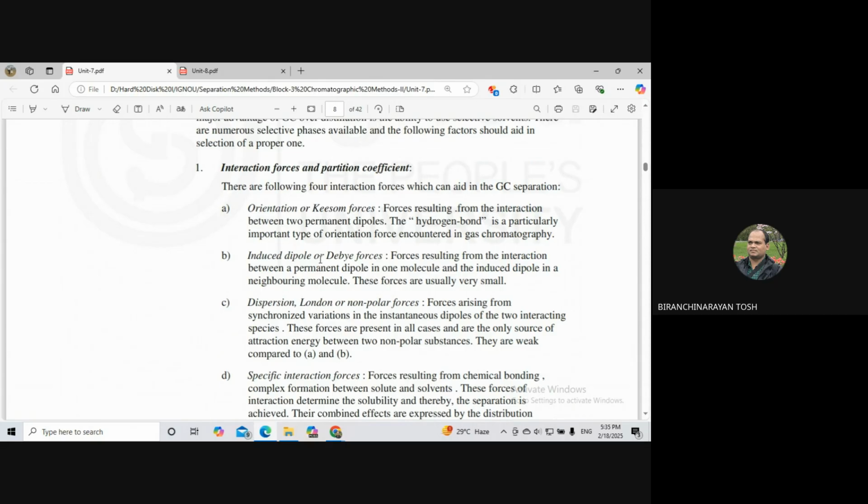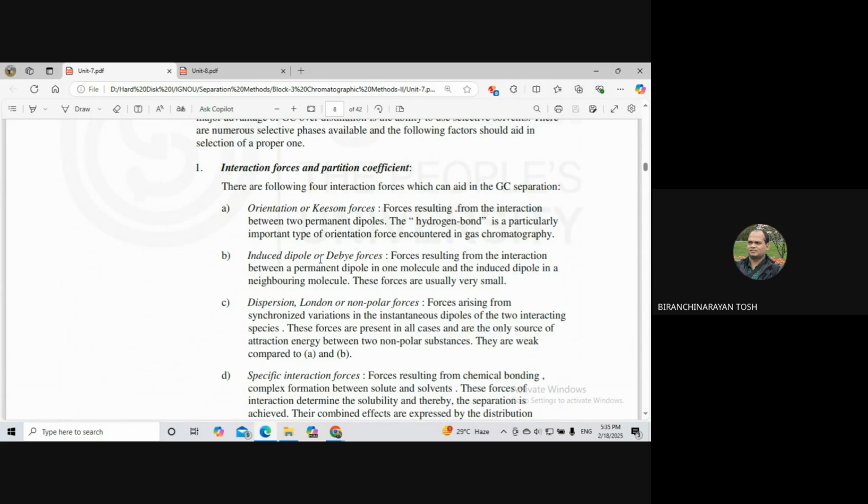As the intermolecular forces of attraction, already we have known these things: dipole-dipole interaction, ion-dipole interaction, induced dipole interaction. So basing upon this, these are the forces. Orientation or Keesom force, it is the dipole-dipole interaction between two permanent dipoles. One example is the hydrogen bonding. Then the induced dipole interaction, that is the Debye force.